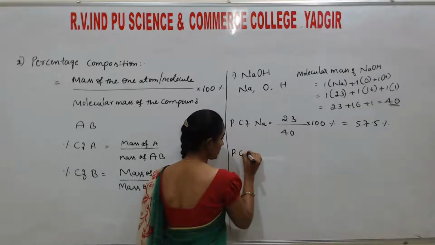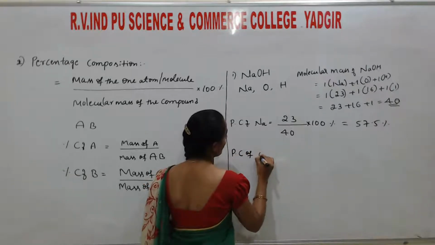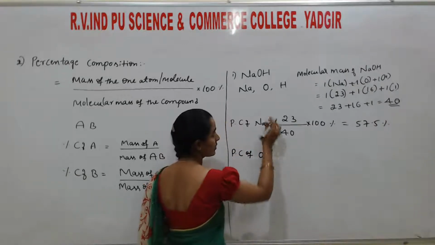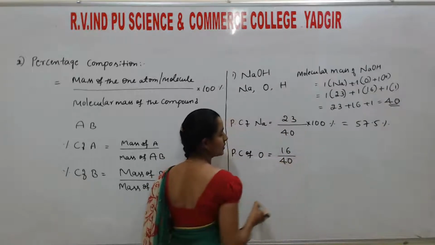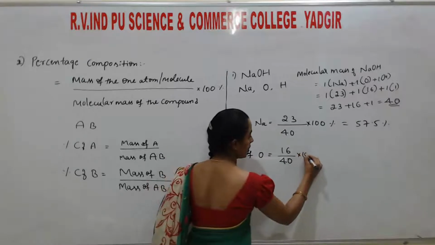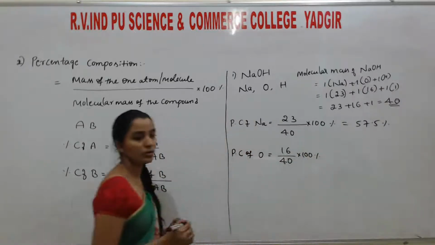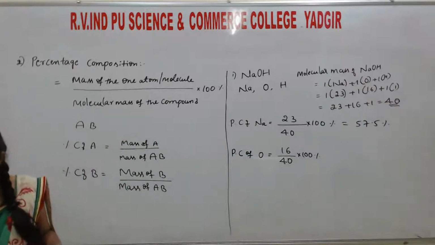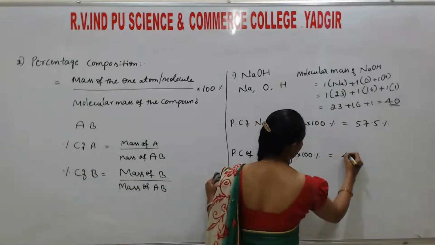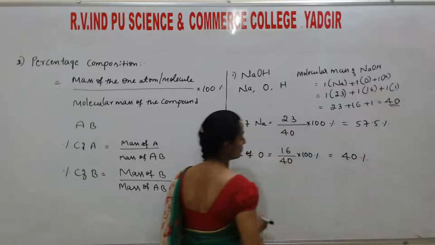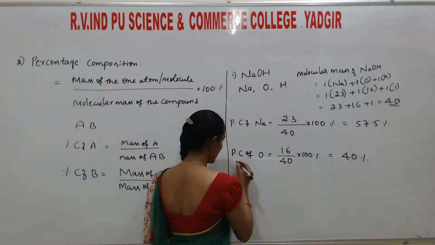Similarly, percentage composition of oxygen. What is the mass of oxygen? 16. Mass of the compound is 40, into 100%. So you do 16 divided by 40, then you get 40%. Okay, next.